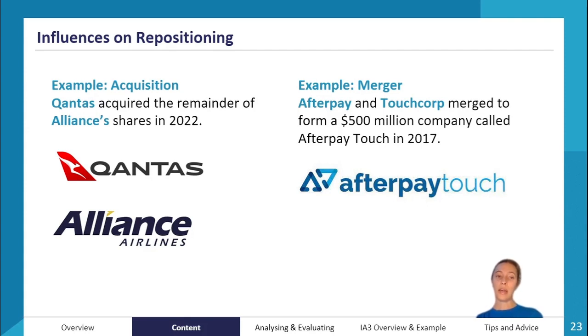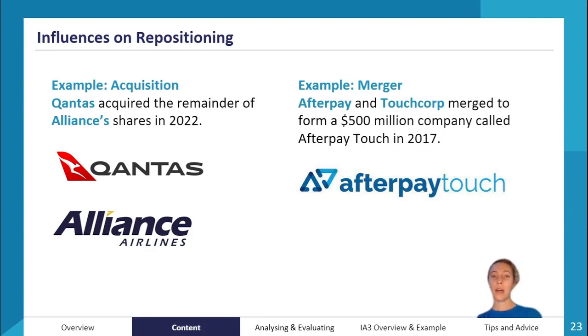And so that is one business, Qantas, having a lot more power and being able to fully purchase the other business outright. Whereas the merger option we have here, Afterpay and Touch Corp. You may be familiar with Afterpay. They merged to form a $500 million company called Afterpay Touch in 2017.